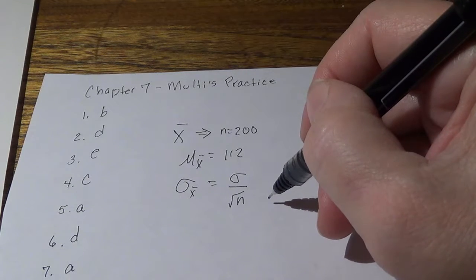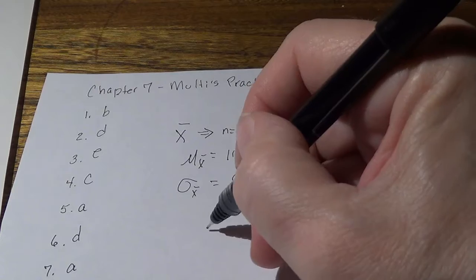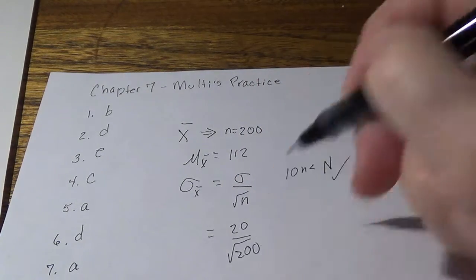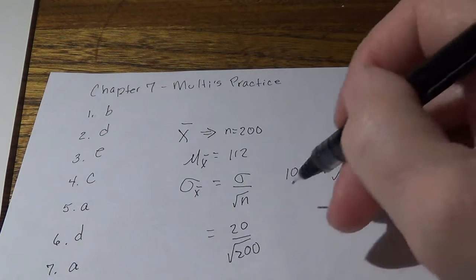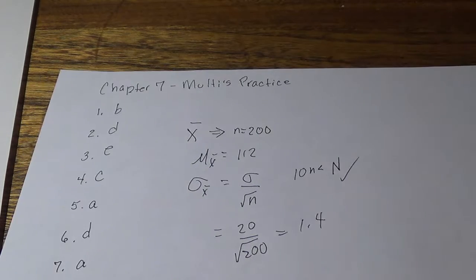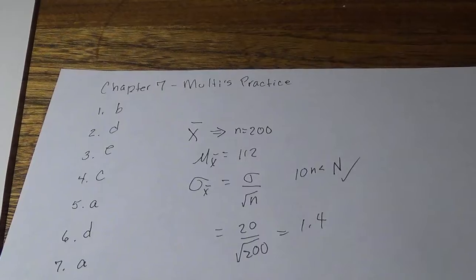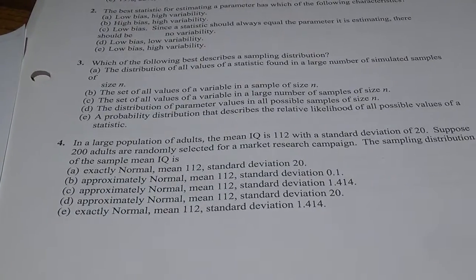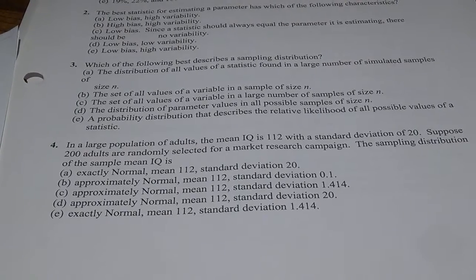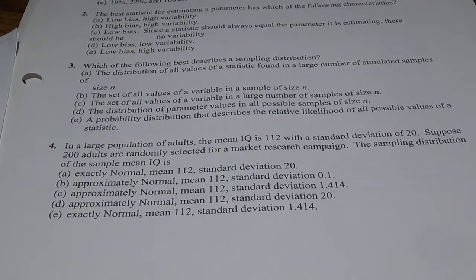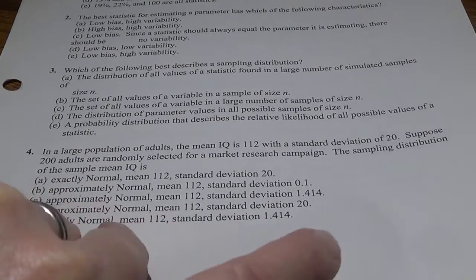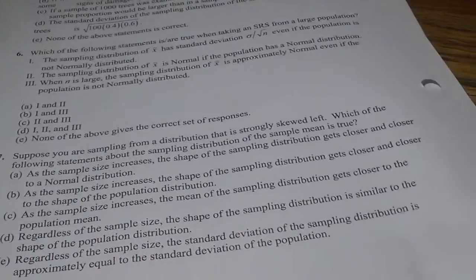The old standard deviation is 20, and n is 200. When I put that in the calculator, I got something like 1.4. So that leads us to selection C, which is approximately normal, mean 112, standard deviation 1.414. All right, moving right along. Number 5.